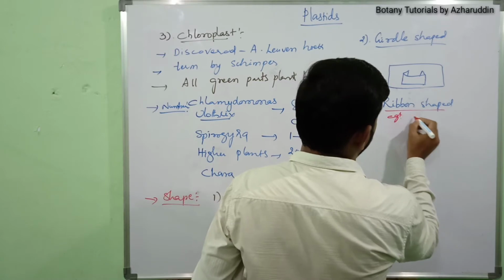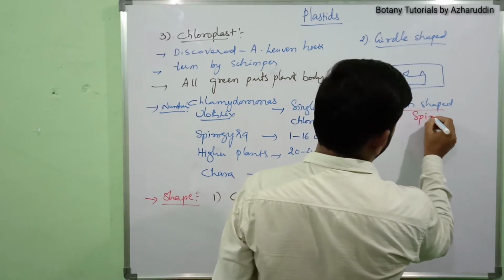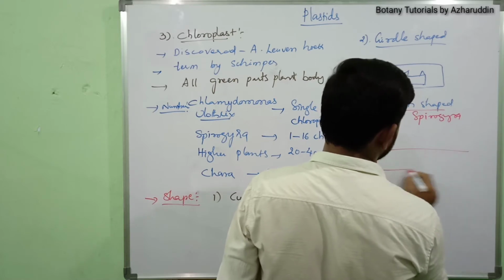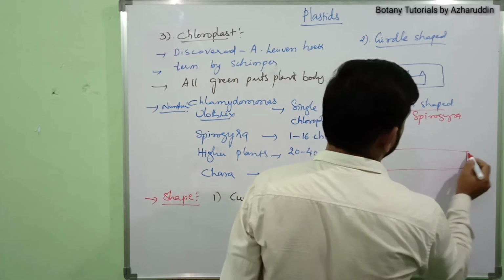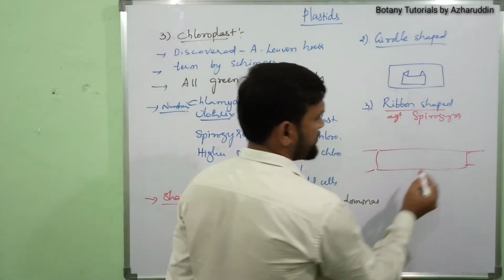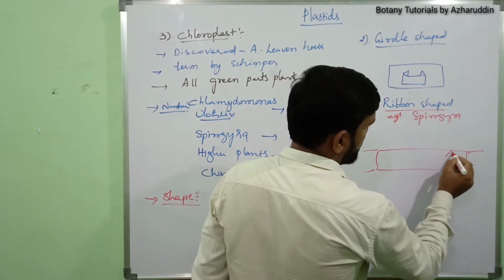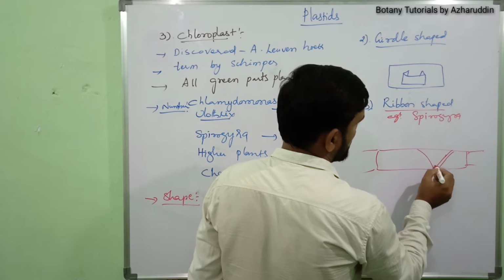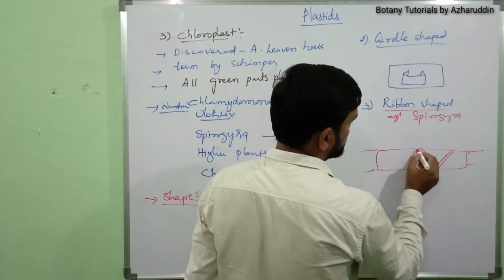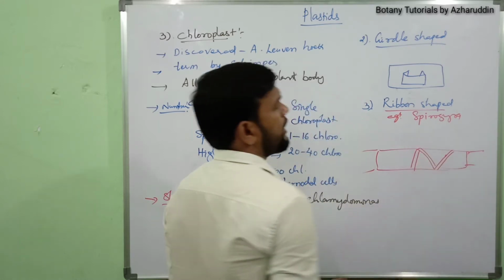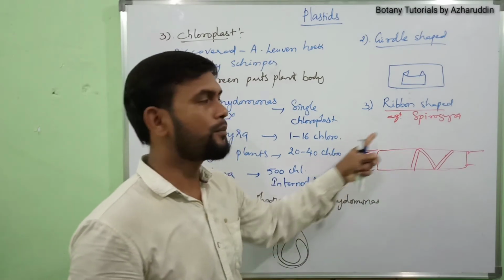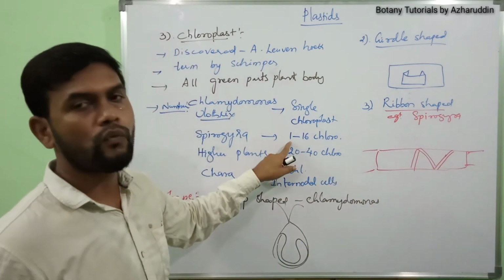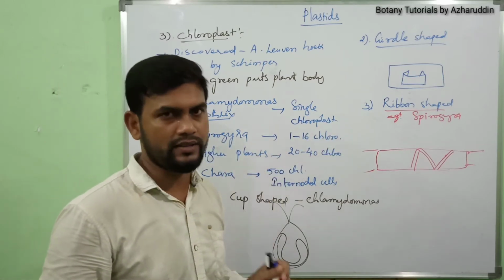For example, in a Spirogyra cell, ribbon-shaped chloroplasts are present. They appear like this. This is one strand and this one is another strand. In Spirogyra, each cell has 1 to 16 chloroplasts.